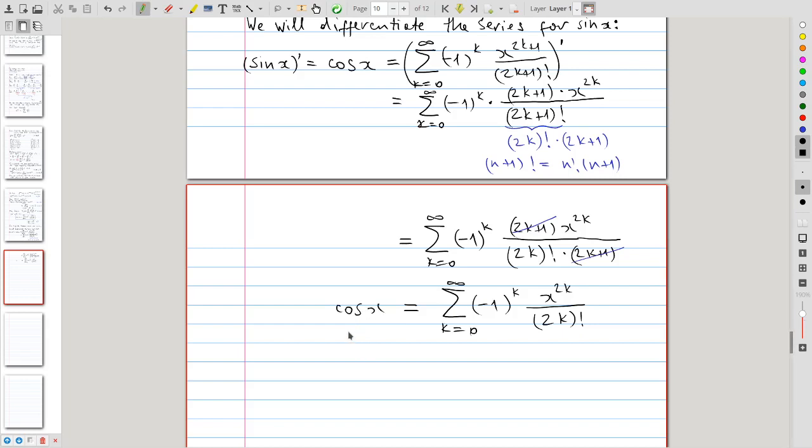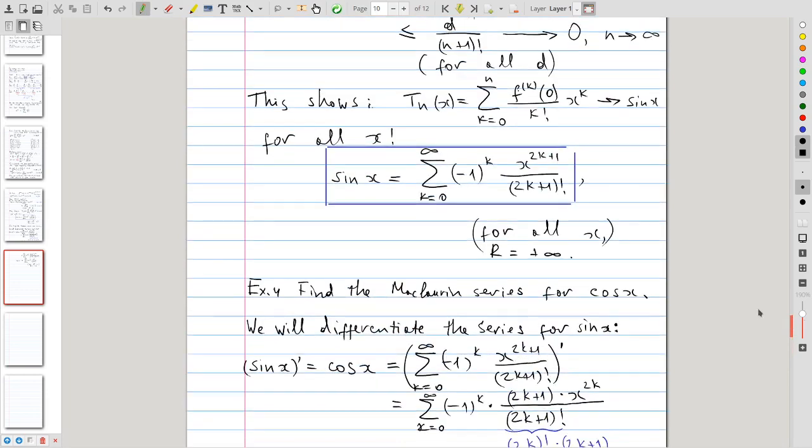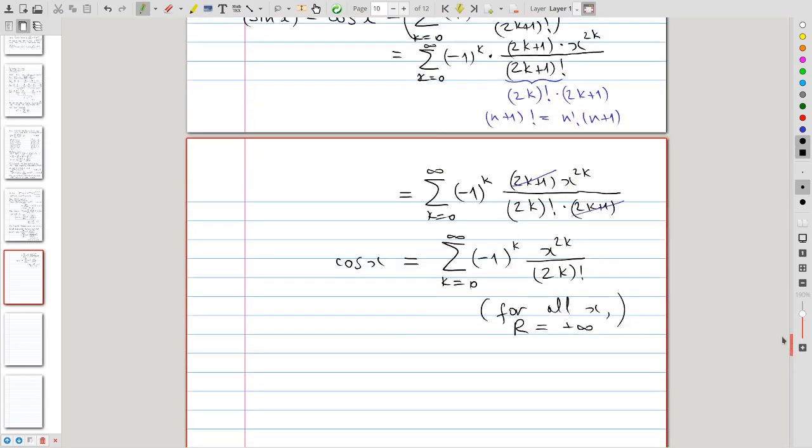Now, there are a couple of things to observe here. First, this representation holds for all x. In other words, the radius of convergence of the series on the right is infinite, because the original series that we differentiated had infinite radius of convergence. The same will apply to the result of this differentiation.